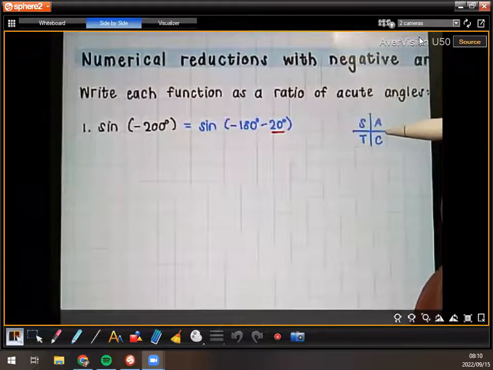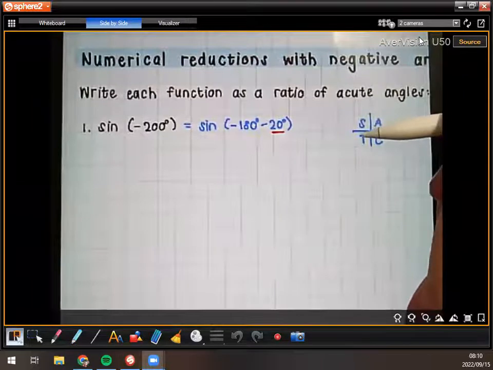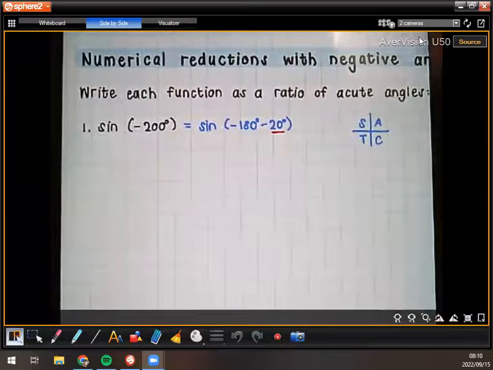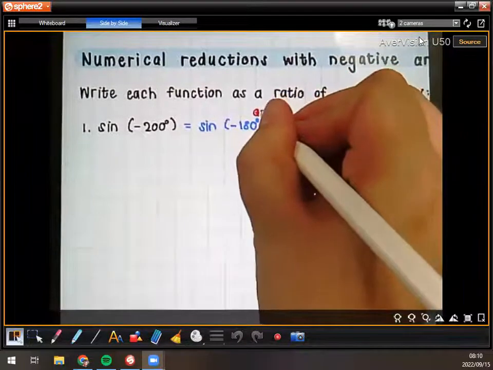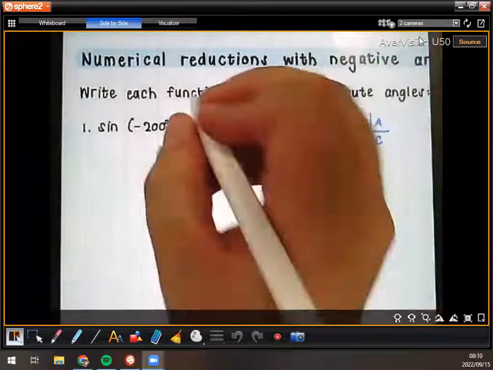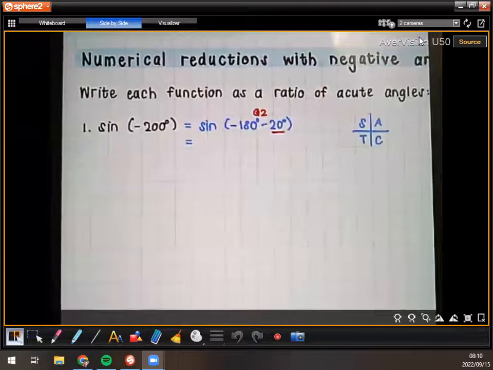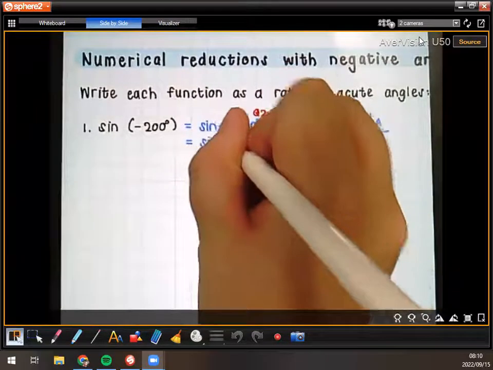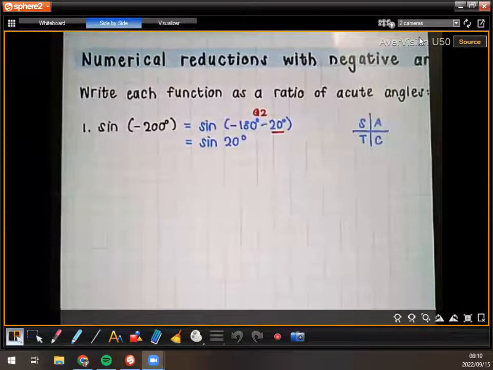So we go 0, that's negative 90, negative 180, and then we must still subtract 20 degrees. That's going to end up in quadrant 2. And what is sine in the second quadrant? Sine in quadrant 2 is positive. So this is going to become positive sine 20.